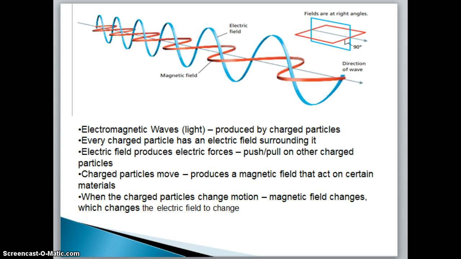So that magnetic field moves back and forth. If the charged particle moves up and down, the magnetic field will move left to right. If that charged particle changes direction, the magnetic field will also change direction. It will always run perpendicular to that electrical field, or at a 90-degree angle.